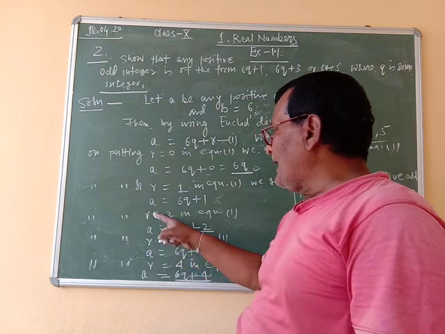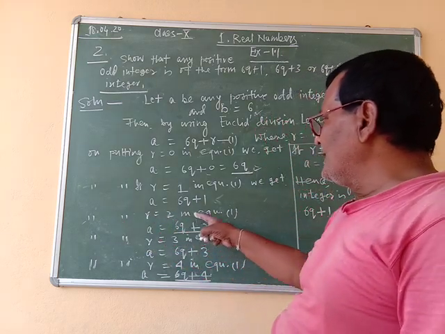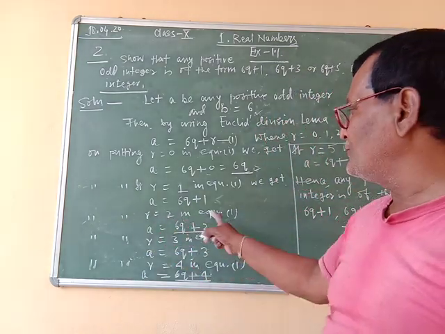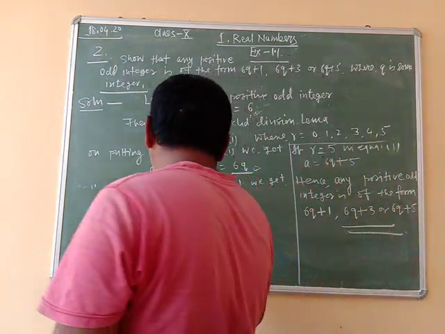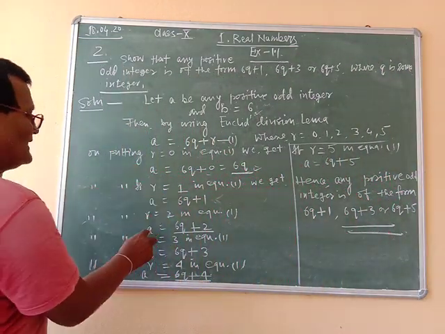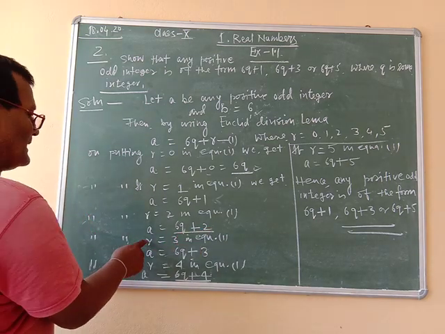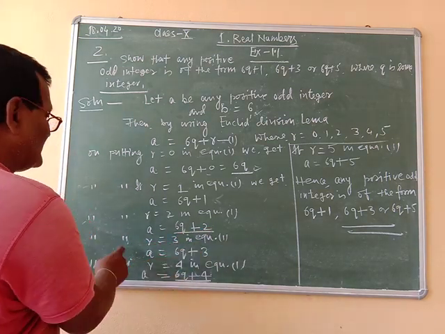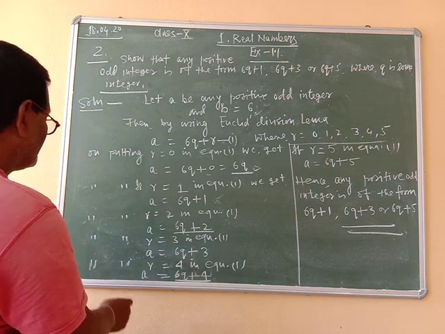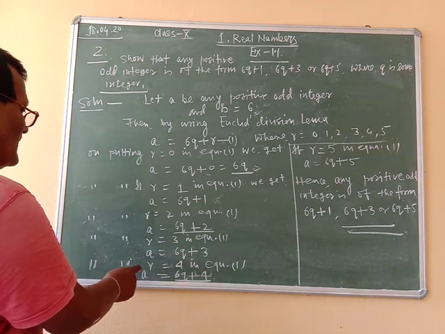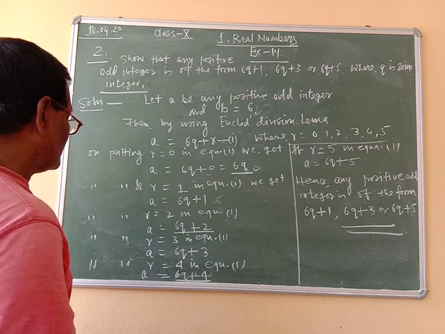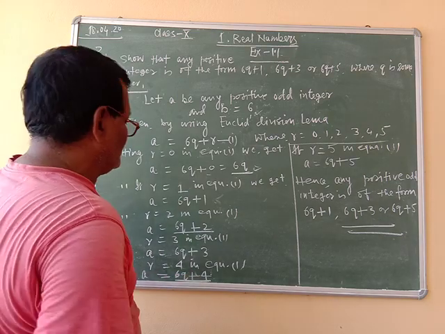On putting r equal to 2 in equation 1, a is equal to 6q plus 2. Putting r equal to 3 in equation 1, we get a equal to 6q plus 3. Putting r equal to 4, a is equal to 6q plus 4.